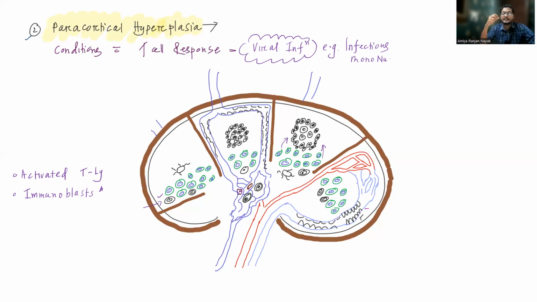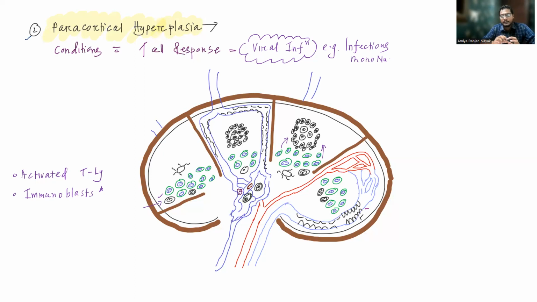So sometimes it is very difficult to differentiate under the microscope, if the paracortical hyperplasia is in an advanced phase, whether the proliferation is confined only to the paracortical area or there is a diffuse B and T cell hyperplasia. Because B and T lymphocytes are difficult to differentiate under the microscope with routine stain, in those conditions we have to apply special stains to differentiate these B and T lymphocytes.